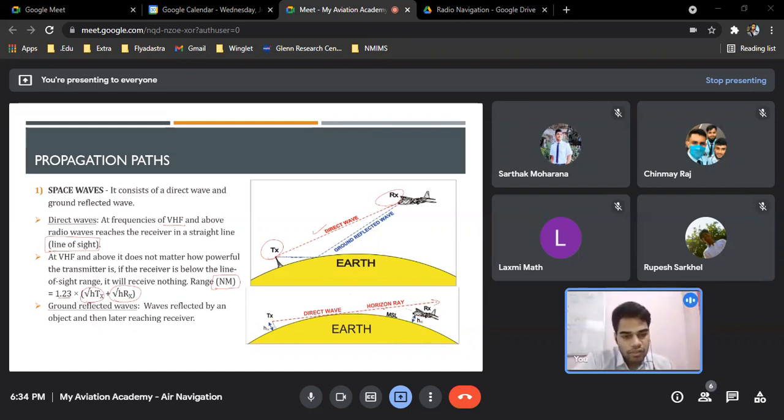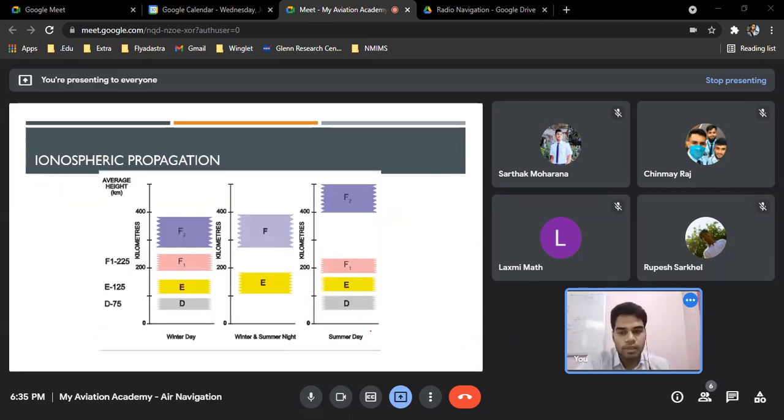If this aircraft was here, it might be able to receive the signals, whereas here it is definitely not receiving them. In exams, the range and the transmitter height can be given, and you will have to calculate the height of the receiver. Those questions can also be asked.